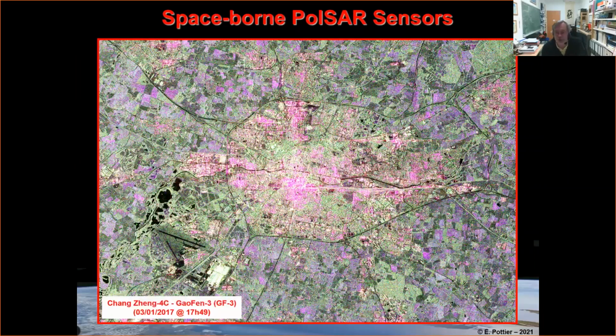And the new one with the Chinese system, the GF3, also a Pauli representation. The red colors correspond to double bounce in the center of the city. The green corresponds to forest, to vegetation, and the blue corresponds to fields, open fields.